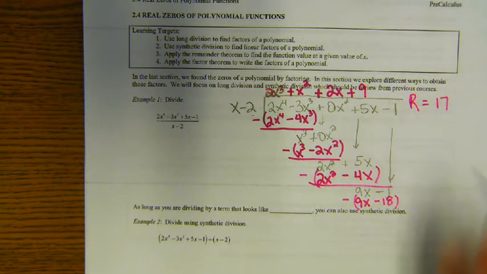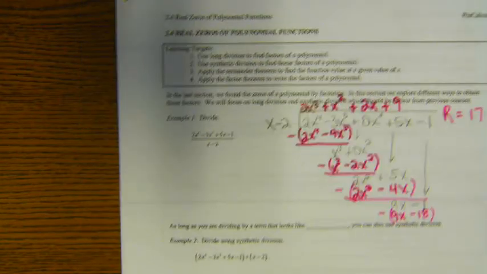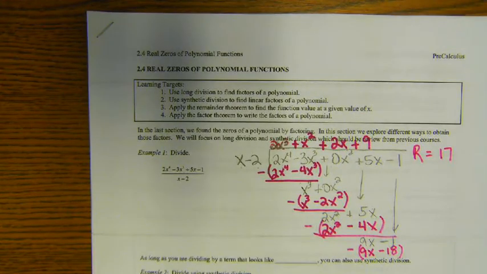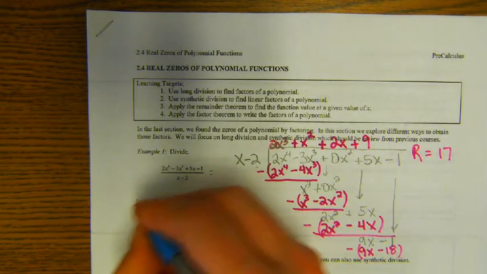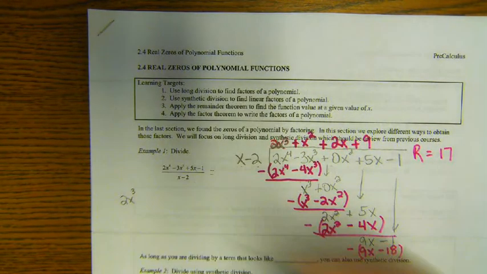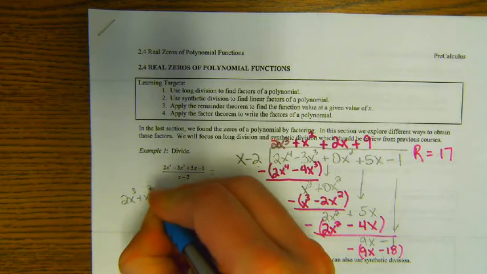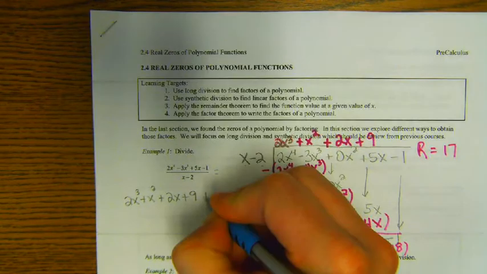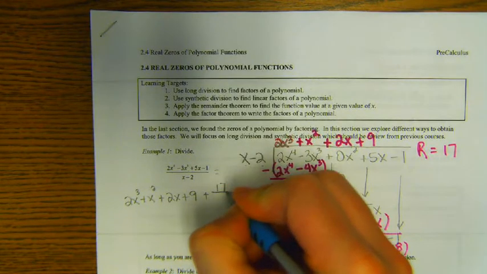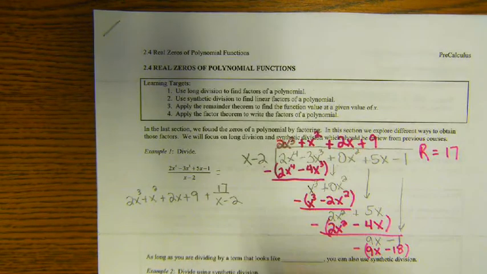Or another way of writing that, then, is this quotient is 2x cubed plus x squared plus 2x plus 9, plus a remainder of 17 out of x minus 2. When we have numbers that we divide, that's how we leave that. And on your worksheet today, there is also a summary statement that I show you how to write.